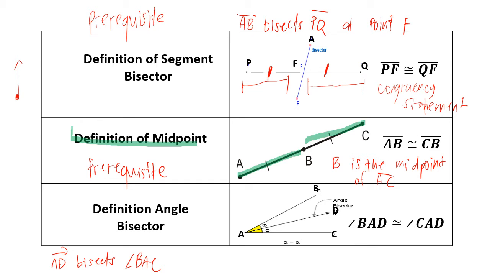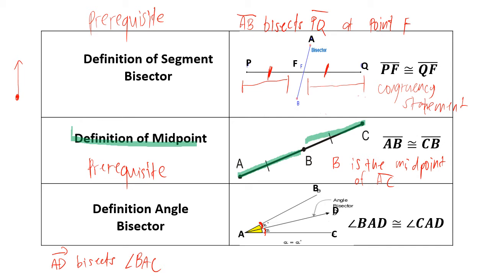Again, what does it mean to have a bisector? There are two congruent parts. And this time, it's a definition of angle bisector, because the thing that we are bisecting is an angle and not a segment. It could only be a definition of segment bisector if the thing that we are dividing is a segment and not an angle. Clear? So, we will just divide the given angle into two congruent parts. Look at this one. I'm highlighting this one.